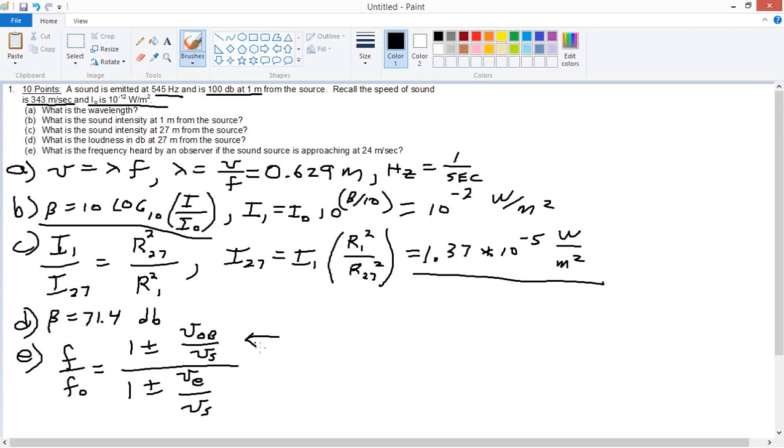And remember, if it's approaching, if it's getting closer, frequency goes up. So plus on the top if approaching, negative on the top if receding, going away.